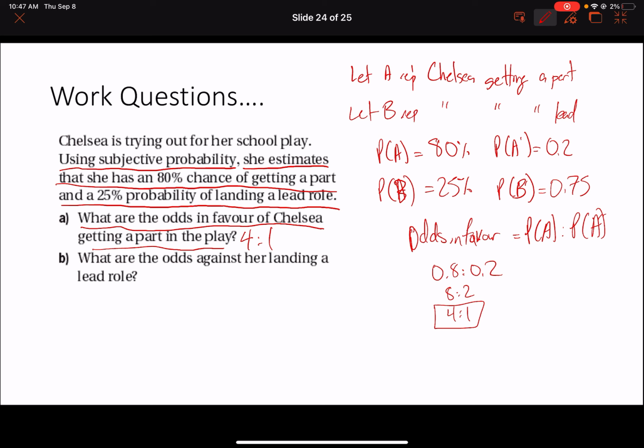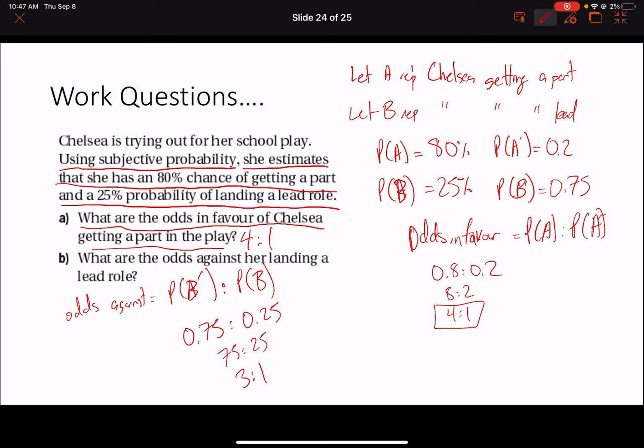What are the odds against her landing a lead role? So odds against equals P of not B to P of B. So 0.75 to 0.25, which is equal to 75 to 25, which is equal to 3 to 1. So the odds against her landing a role are 3 to 1, and the odds in favor of her getting a part is 4 to 1.